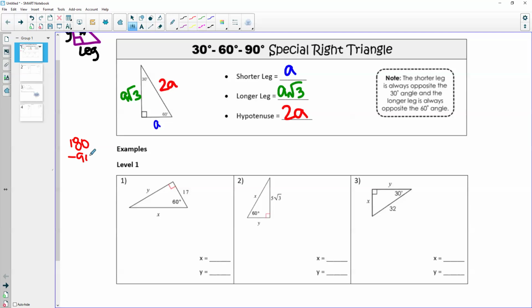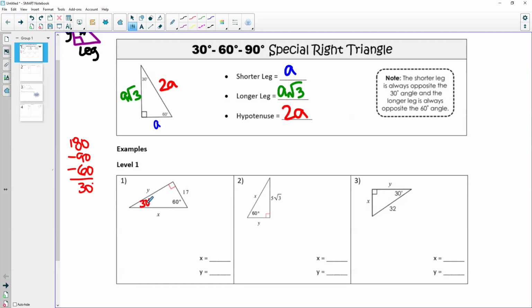So if I take away 90 and I take away the other angle of 60, 180 minus 90 is 90, minus 60 leaves us with 30 degrees. That tells us that this missing angle here would have to be 30. I'll write that a little nicer here. So always start by filling in any missing angles if you have any in your right triangles.